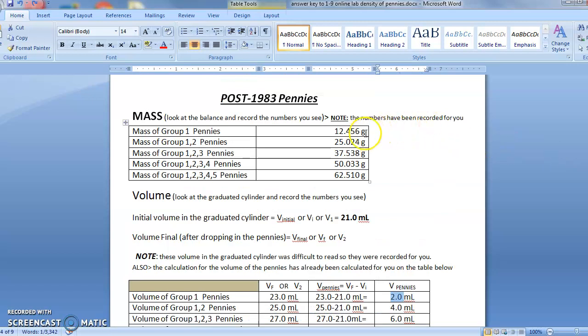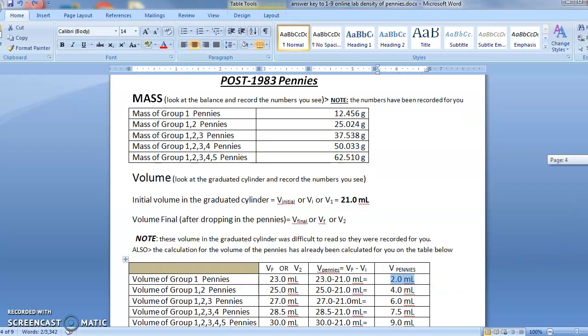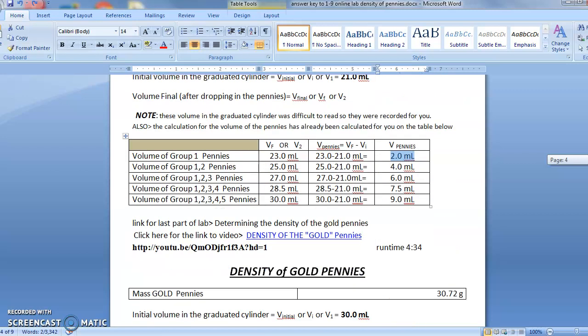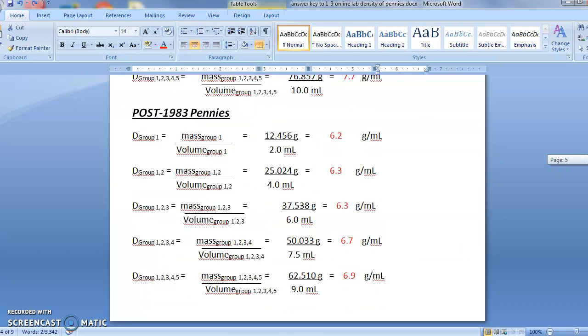So we take 12.456 and we divide it by 2 milliliters because density is the amount of matter measured in mass divided by the volume. So we take 12.456 divided by 2, and we should get something around 6.2. Once again, why did we round it to 6.2?